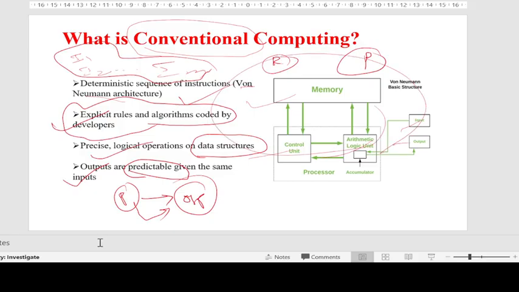I give it as an example of conventional computing, although no one uses it nowadays; it is a very old computer architecture. I hope the students are clear about what conventional computing is. Everyone knows how a program executes, how it gives output, and how instructions are executed one by one in a computer. This is not a big deal to understand.